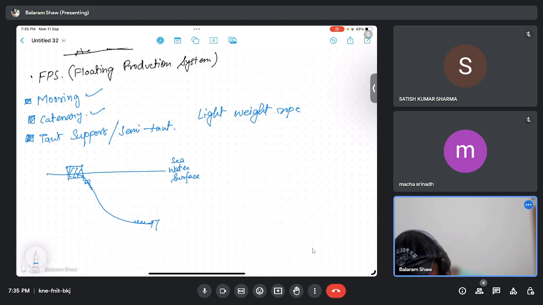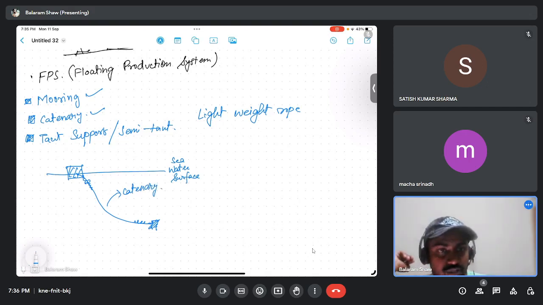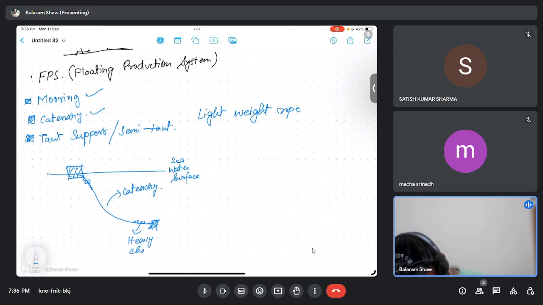Here it is anchored. So this is catenary mooring, and this shape is called catenary. In taut support, a light rope is used. Here we have the heavy chains. For shallower depth it is fine, but for deeper depths we have to go for this kind of lightweight rope.